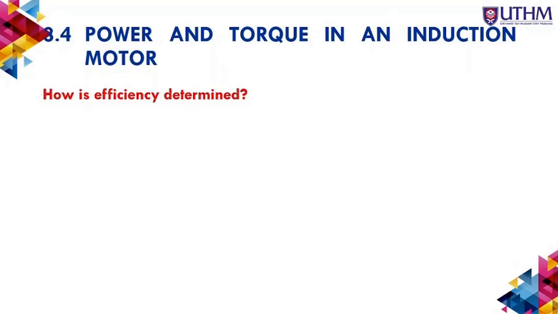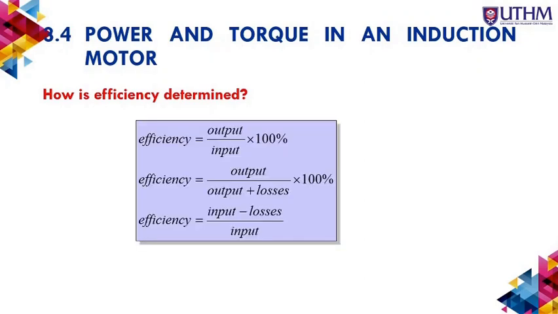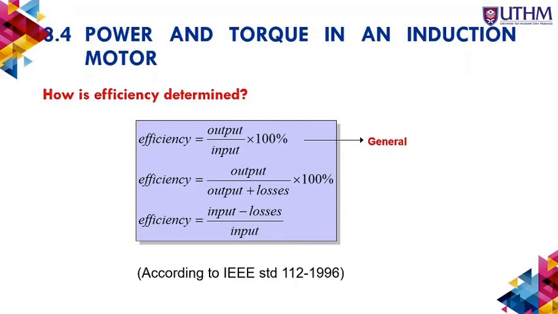Okay, so efficiency is determined actually same like in the transformer. So kita pun dah belajar sebelum ni, where output divide by input lah. Okay, so this one is according to IEEE standard. Okay, so efficiency actually is output divide by input times by 100 lah. So this is a percentage. So and then input we can declare as output plus losses, and then we can change output.